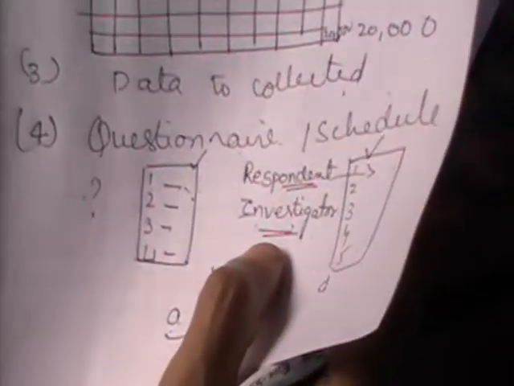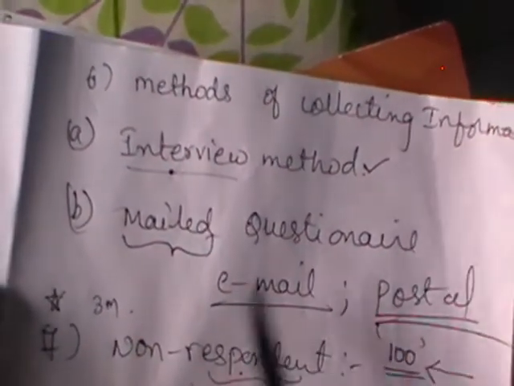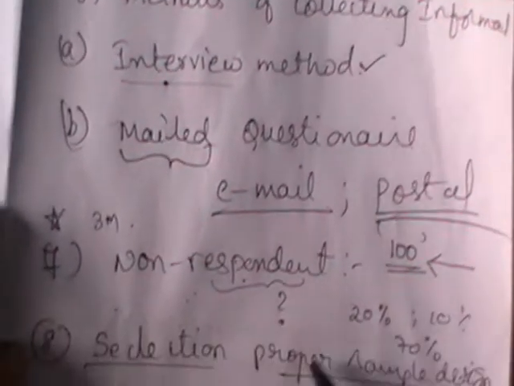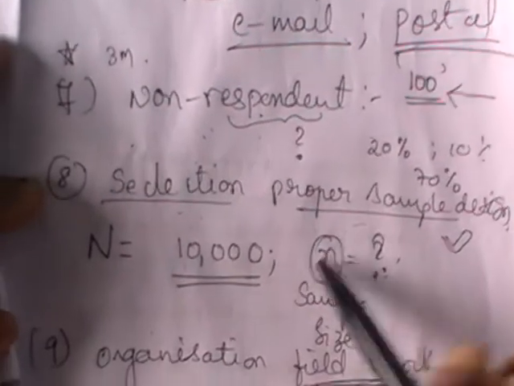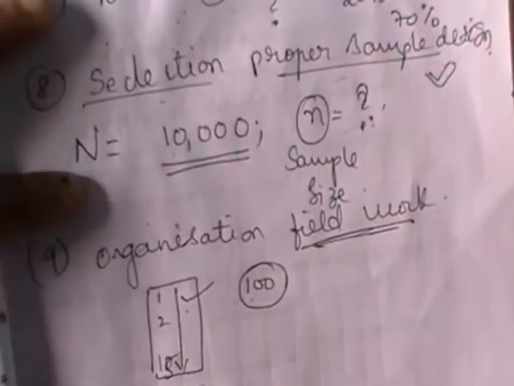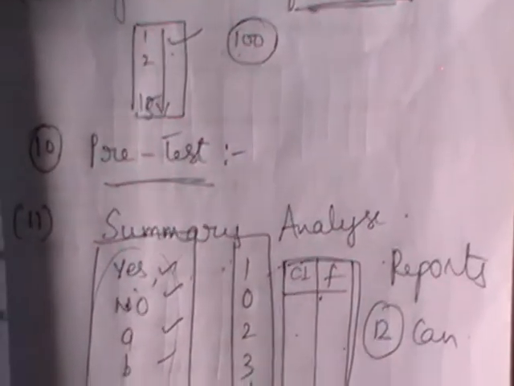The fifth heading is questionnaire and schedule. Then you should go for methods of collecting information, which may be the interview method or a mailed questionnaire. Then non-response, selection of proper sampling design, organization of field work, pre-test, and summary and analysis of data, and here only you get preparation of reports.